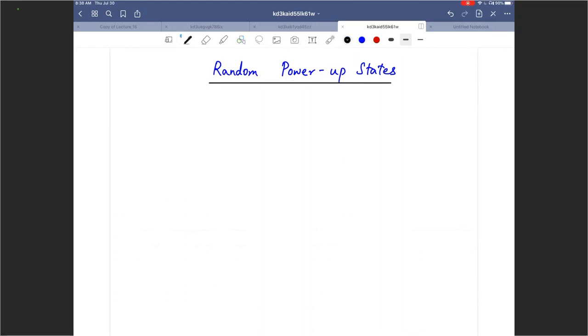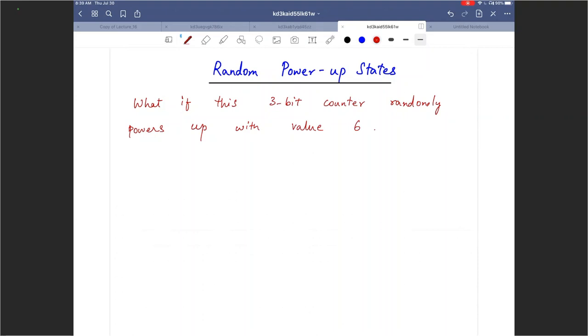So the question that we are asking here is, what if this 3-bit counter randomly powers up with value 6.